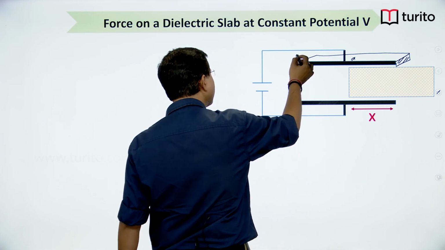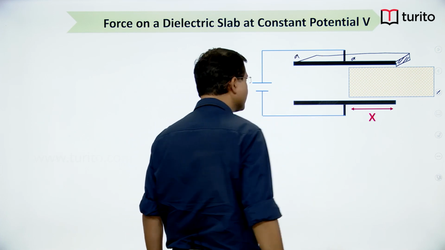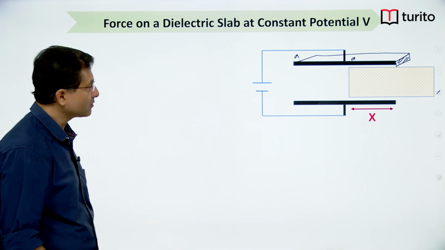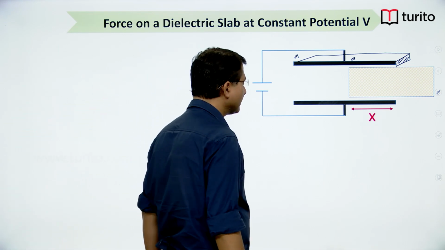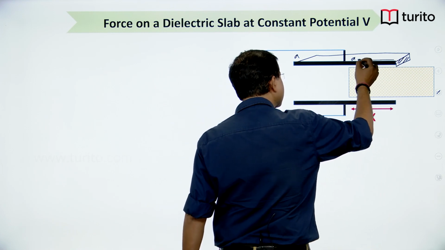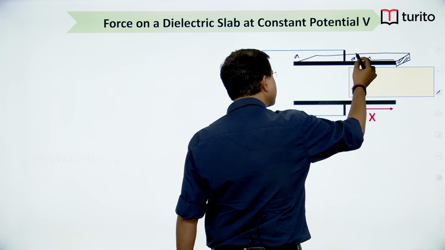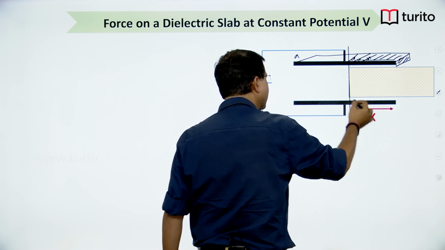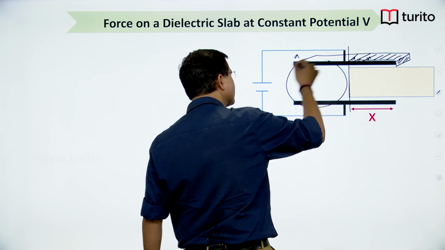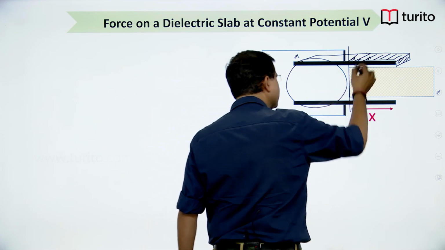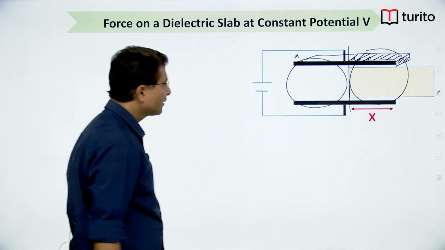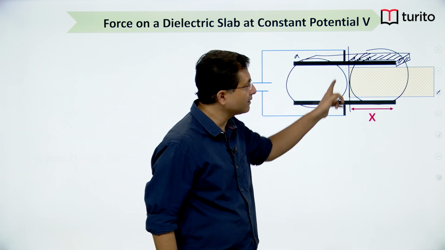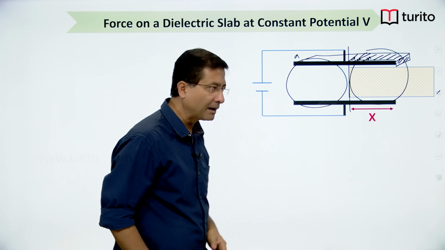This is an A by A plate: upper plate A cross A, lower plate A cross A, and this distance is x. I can see two capacitors, one up to here, this combination, and another, this combination, right. As the upper terminals are connected and the lower terminals are connected, they are in parallel combination.